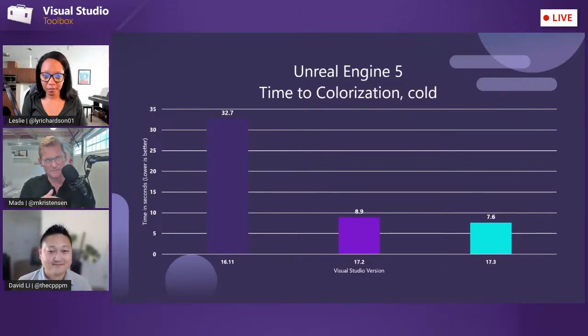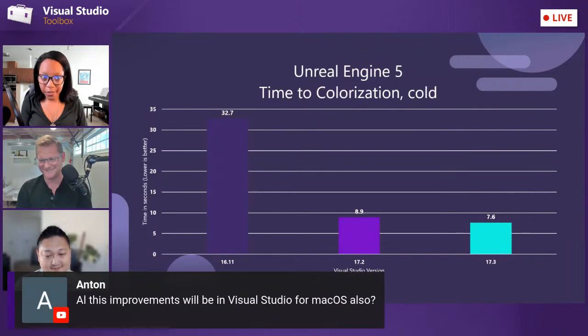Is there a difference between if you're using CMake style projects or the traditional MSBuild style projects? This is for all C++. Okay. Nice. Another question from chat: do these performance improvements apply to Visual Studio for Mac?